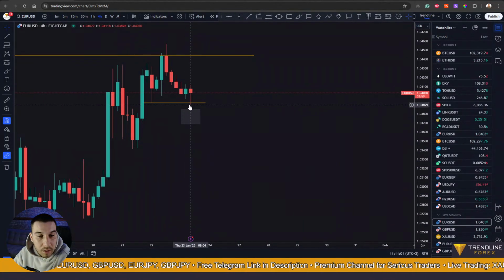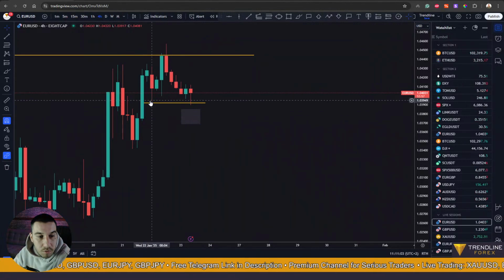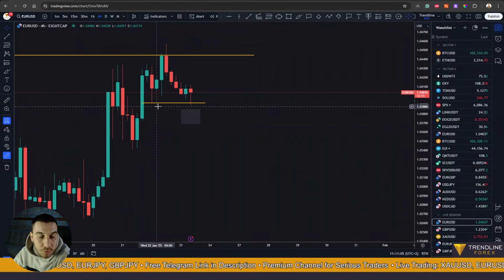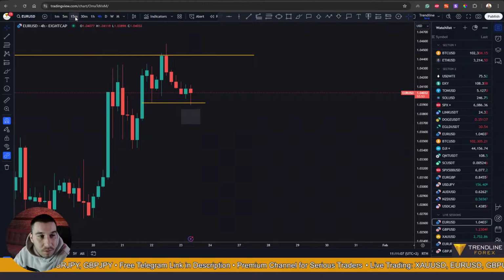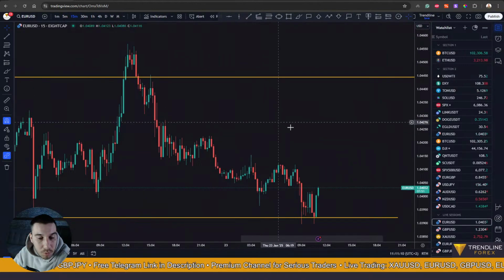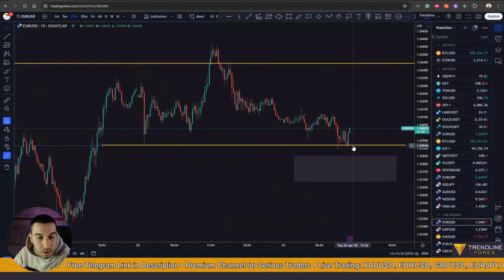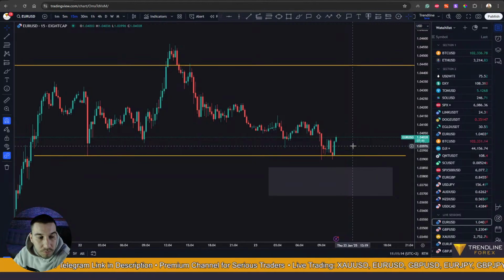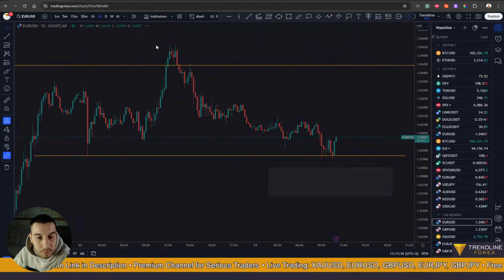Because we've technically come lower than this previous low right here. So the setup is kind of there. It is not exactly what I wanted to see, but we can still work with that.